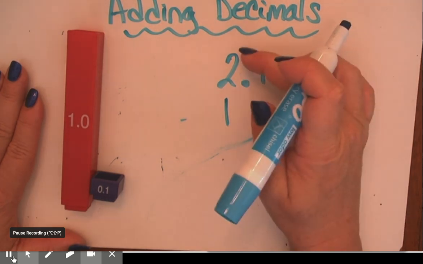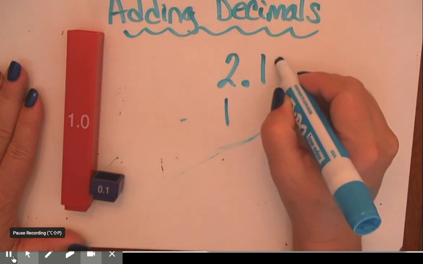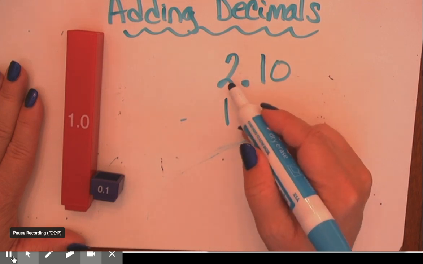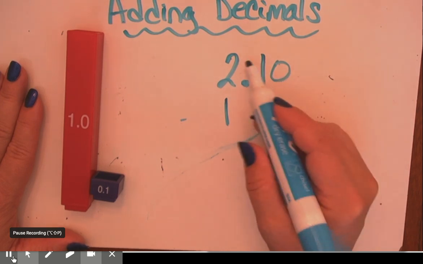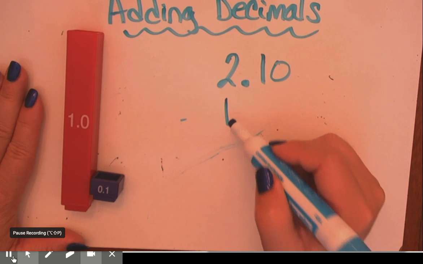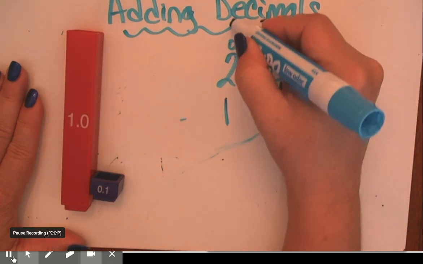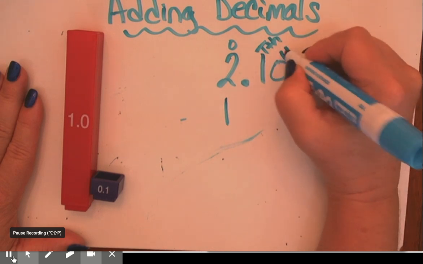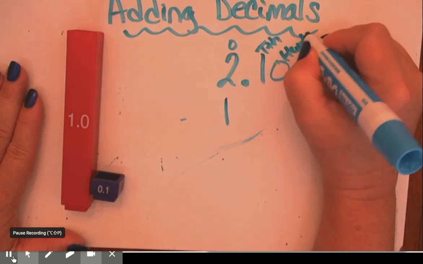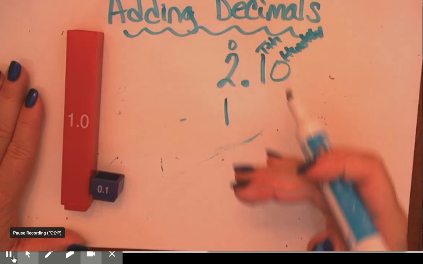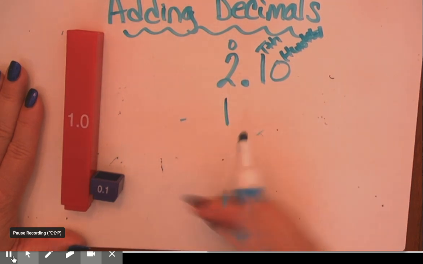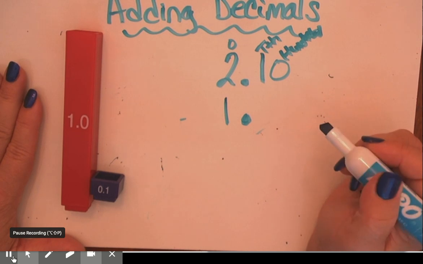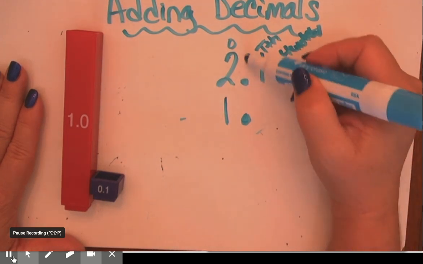If I have $2.10 and somebody gives me one more dollar, I'm not going to have $2.11. If someone gives me 1 whole, that means that goes into the ones place. This is the tenths and this is the hundredths. So you keep your place value the same, and it's very easy if you always just think, where's my decimal point, and line it up.